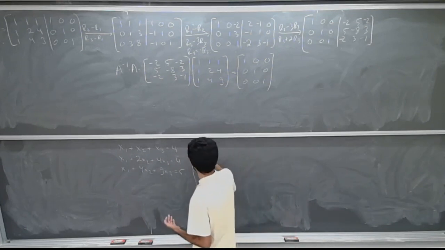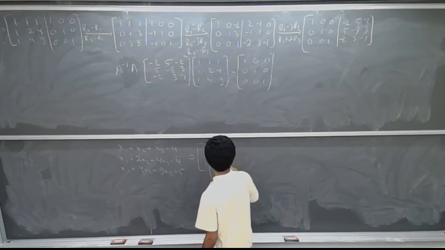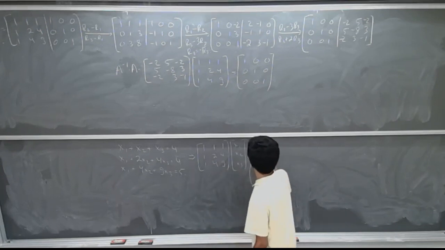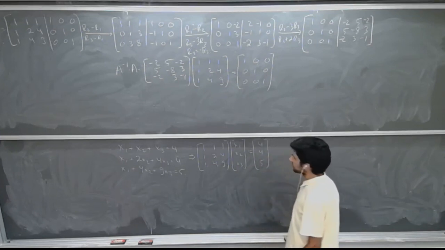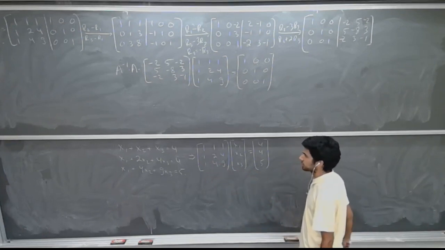So let's just write it out. Right now I'm just writing the coefficients as they appear. So here we have a matrix equation which I claim represents that system of equations.